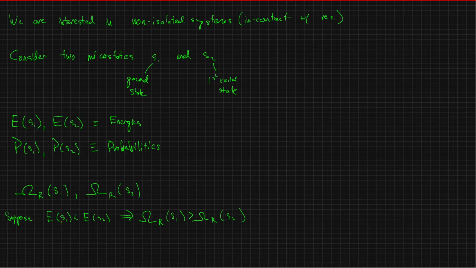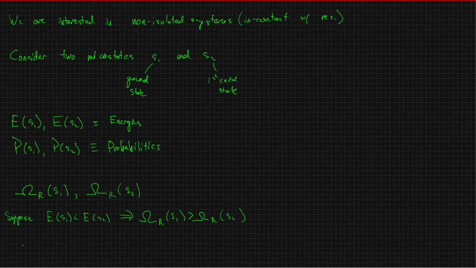It's an isolated system, so the total energy is fixed. So if there's more energy going into S2, then there's less energy left over for the reservoir. Therefore, if there's more energy in the reservoir for S1, then its multiplicity is going to be bigger than it is for S2. Okay?